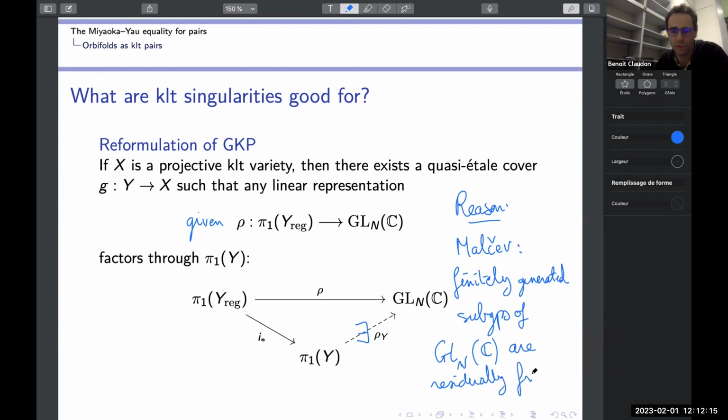So once you know that, it's easy to show that you have this property of factorization.